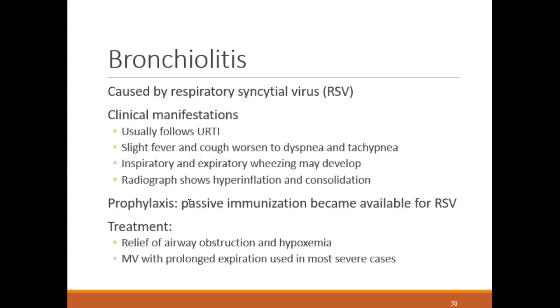They might have a fever or cough, increased work of breathing. Then you might notice inspiratory and expiratory wheezes. And then on chest x-ray, because it is swelling of those bronchioles, those air passages, you might see some gas trapping and hyperinflation, or you can see some consolidation from secretions and such.